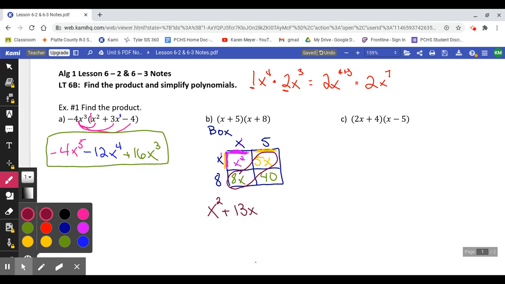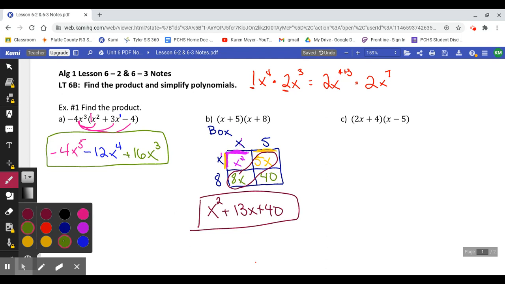And remember, when you're adding like terms, you do not mess with the power. So don't try to add the power on this one because you're just combining like terms. You only change the power when you are multiplying. And then we have plus 40. Done.